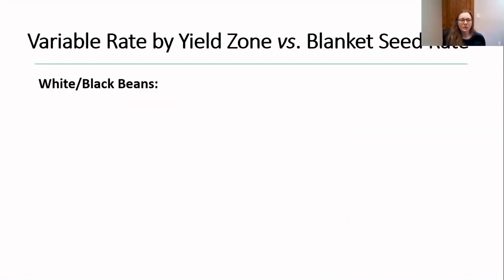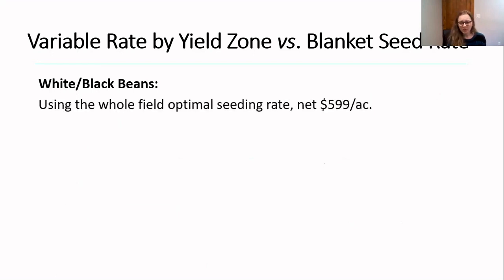Okay, so we look at yield or variable rate by yield zone versus a blanket seeding rate. In the white beans, let's not focus on the number, but in this project, we were making about $600 per acre when we picked the one optimal seeding rate for the whole field.